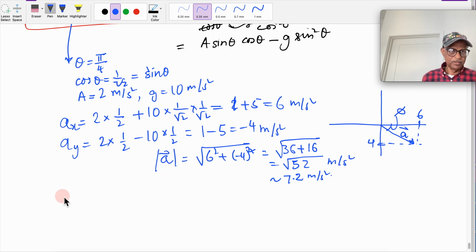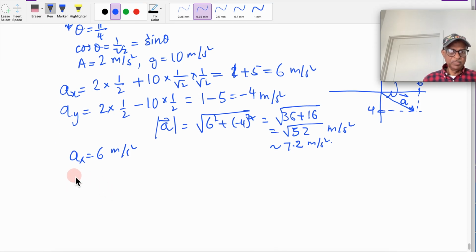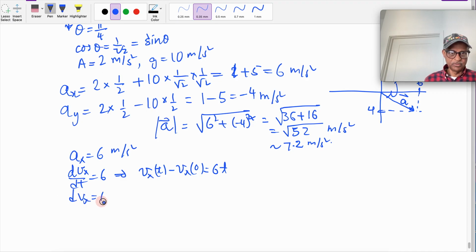All right, so I got ax and ay. So ax is 6 meter per second square. This would just mean dVx/dt is 6. That means Vx at t minus Vx at 0 is 6t. Just integrate it. dVx equal to 6 dt.